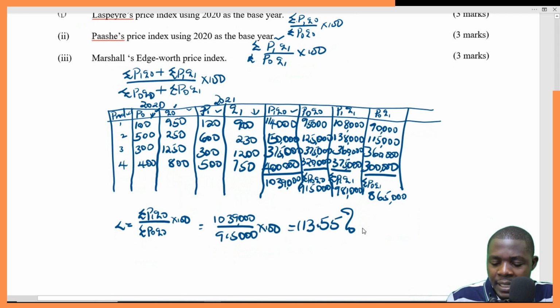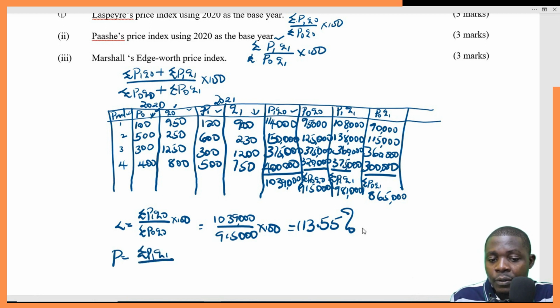Paasche price index, that one I will call it P, we said that is equal to summations of P1 Q1 over the summations of P0 Q1. We multiply by 100.